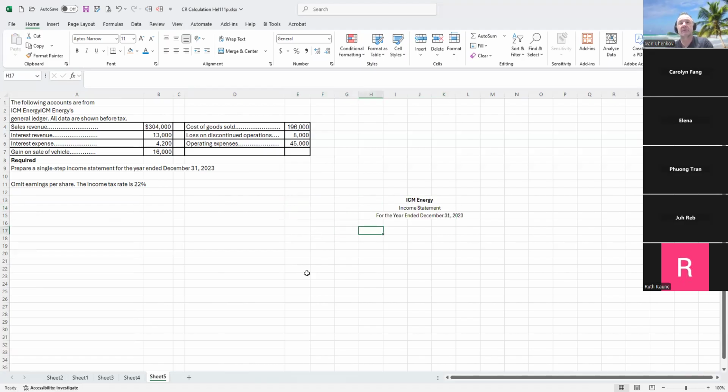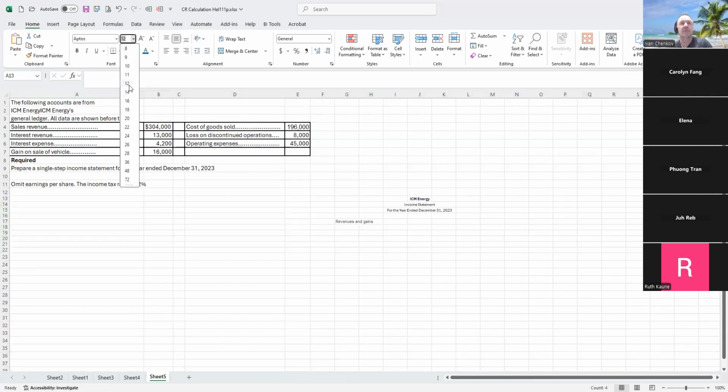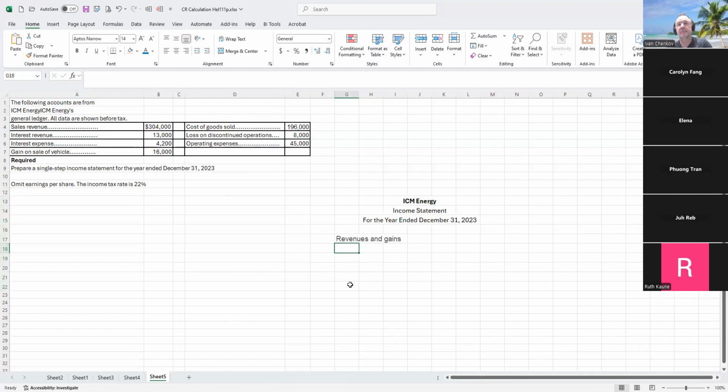So the first thing that comes after is the subheading, which asks you to show the revenue and the gains. What comes first?